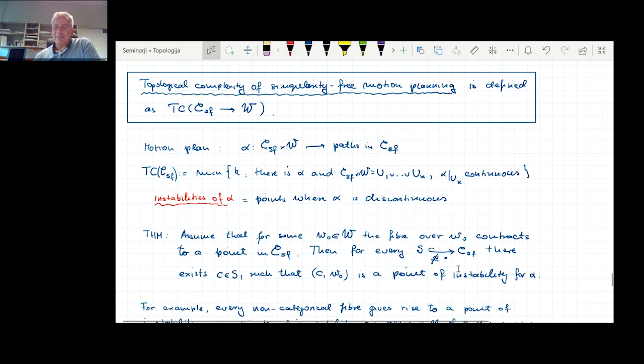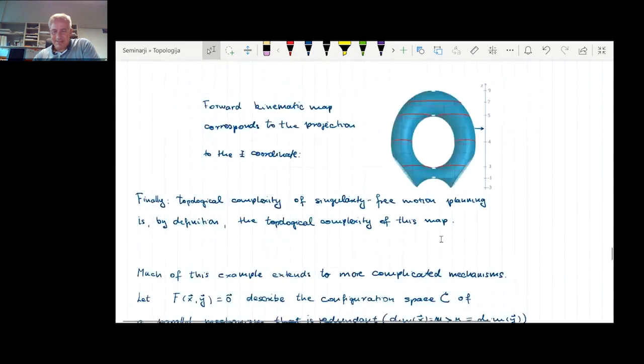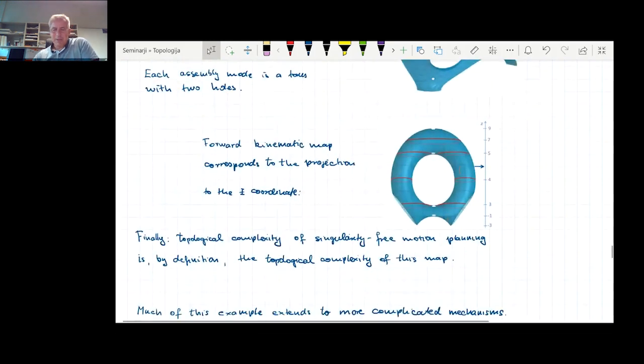So this is some kind of Lusternik-Schnirelmann theorem. If you look at it, each subspace which is not categorical must contain at least one point of instability. So let me show you what is the case. What does it mean here?